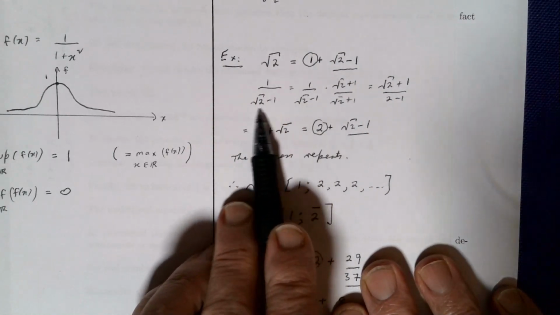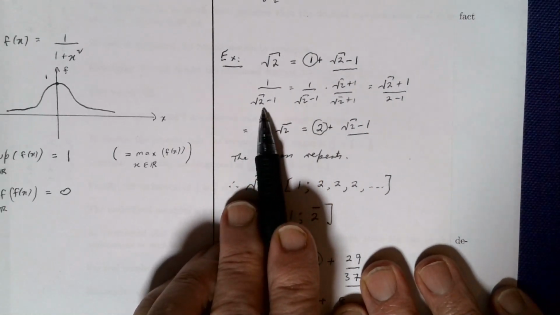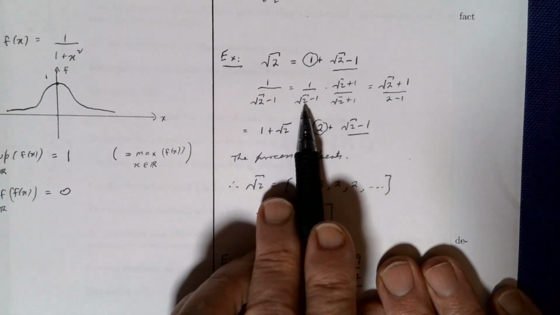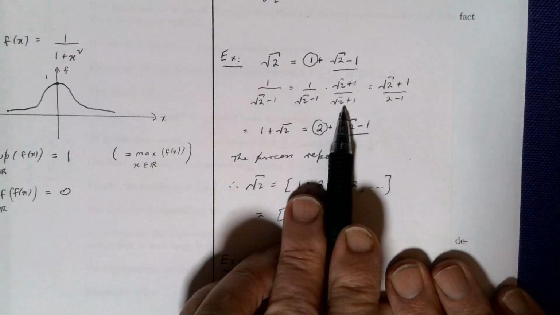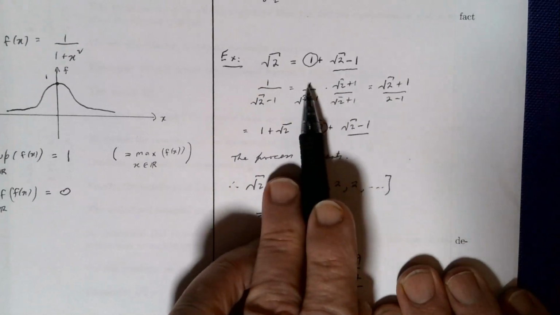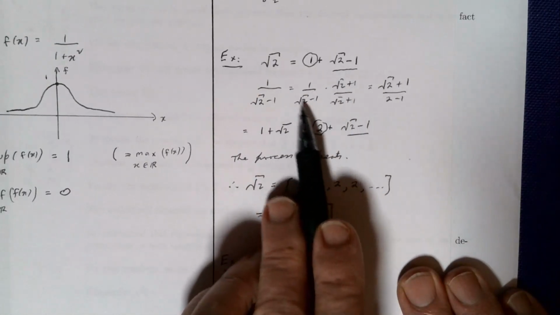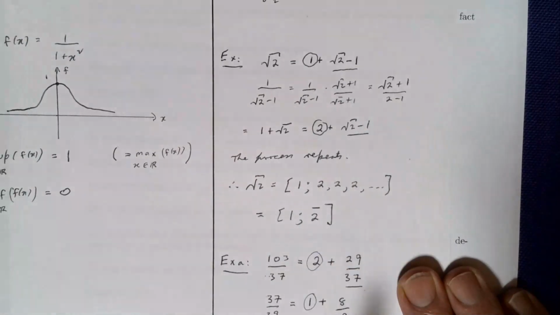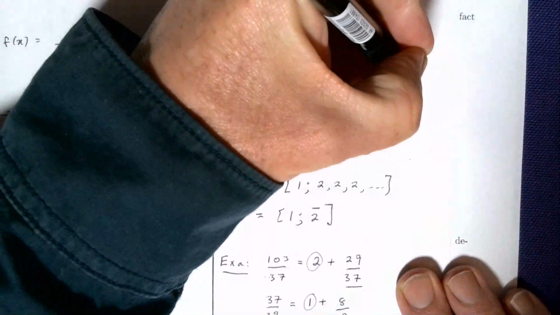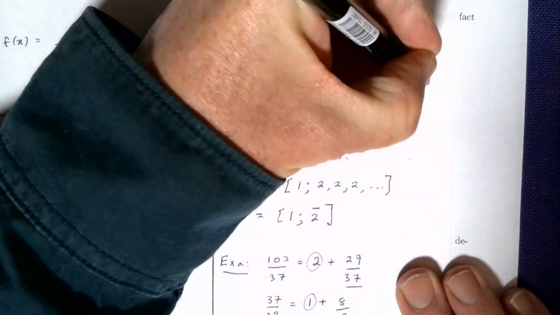And now I'm going to rationalise the denominator. So I'm going to multiply this by root 2 plus 1 on root 2 plus 1. So I get root 2 plus 1 on the top, and the bottom I just get 2 minus 1, which is 1. So in other words, this is just 1 plus root 2.